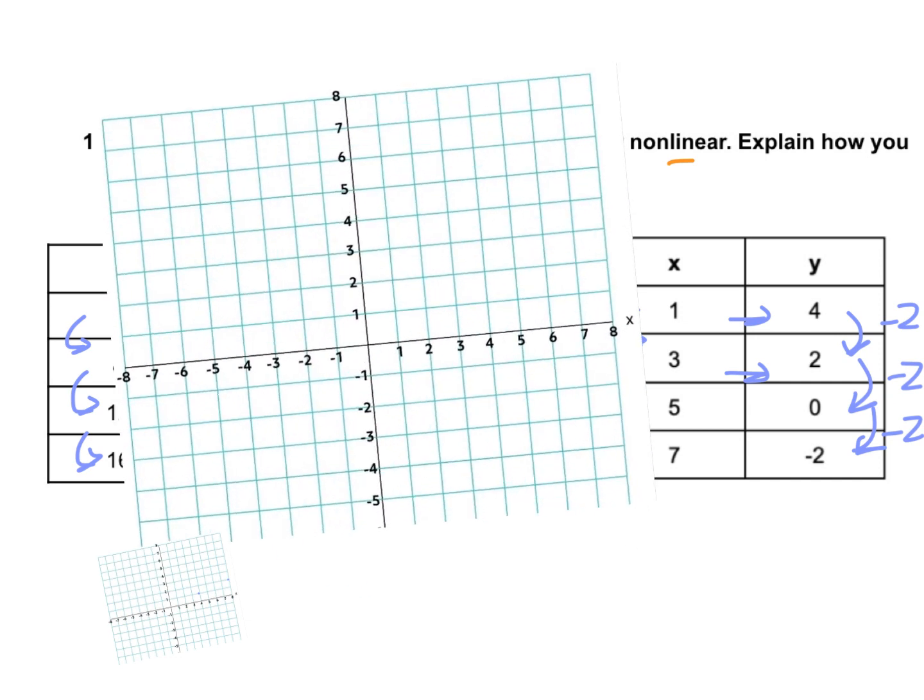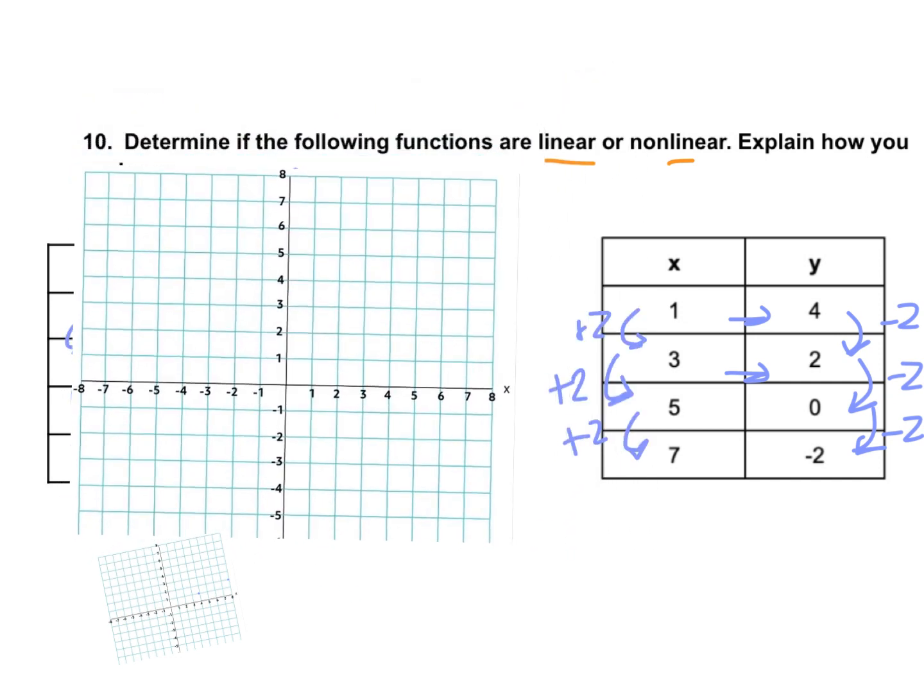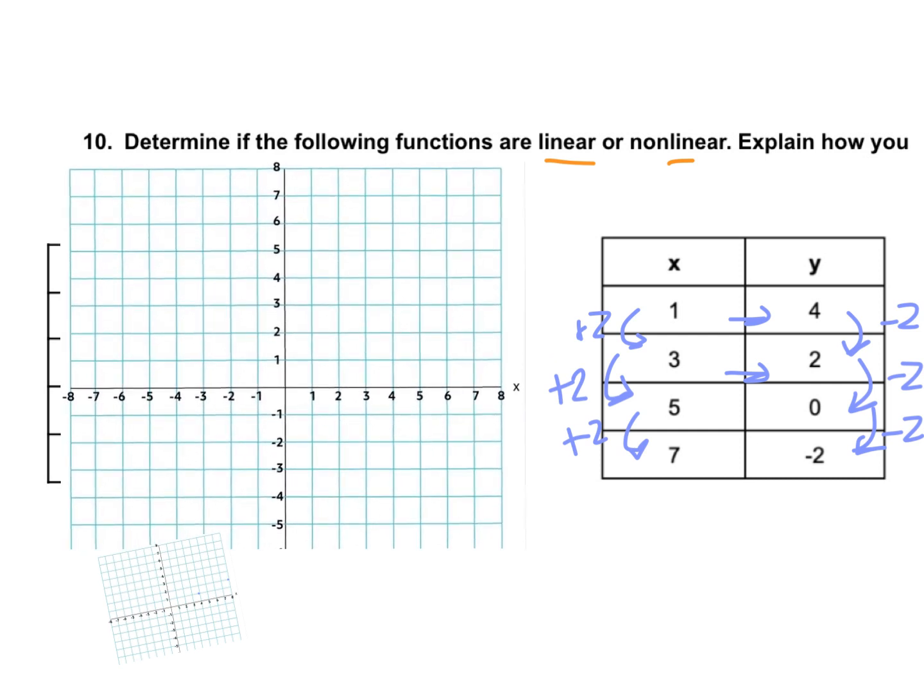I'm going to put it on a graph though too and just see, does this make a straight line if I graph it? That's some really good proof too, because it really shows that it's a linear relationship. So over 1 up 4, over 3 up 2, over 5 to 0, over 7 down 2, and yeah, look at that.